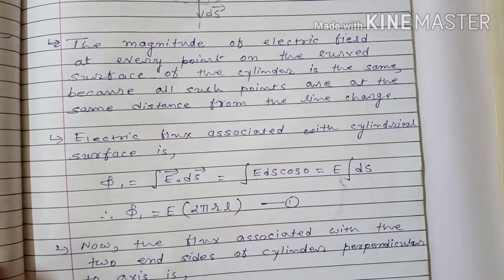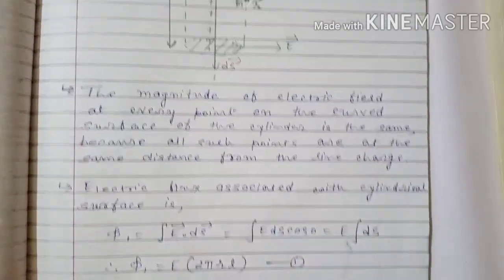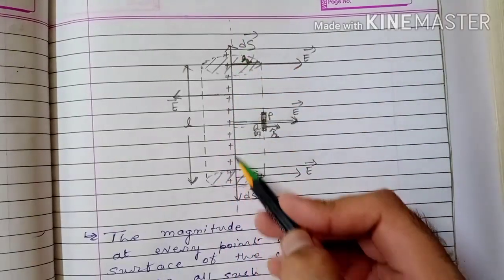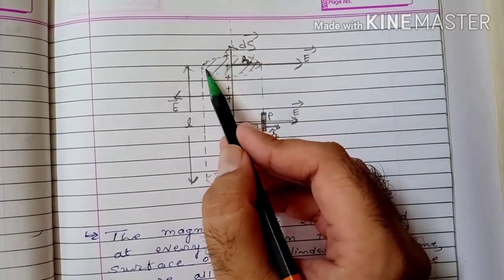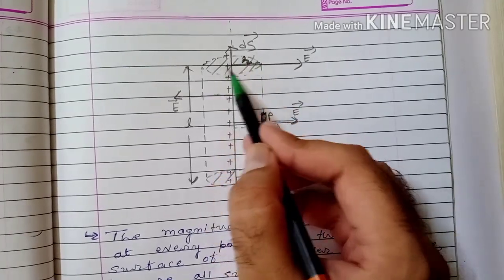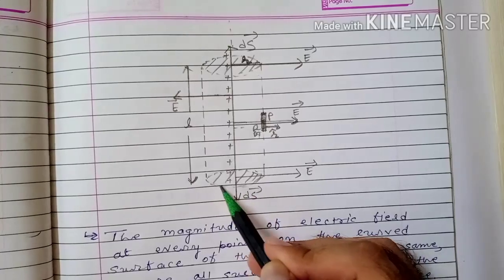Equation number 1. Now we have to find the flux associated with the two end sides of the cylinder, perpendicular to the axis. This is the axis of the wire. Here we have to consider the two flat parts of the cylinder, the two ends.